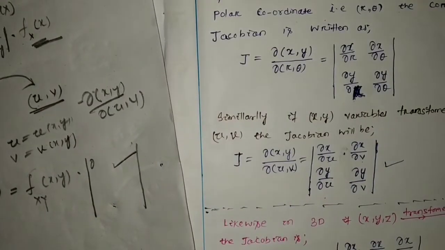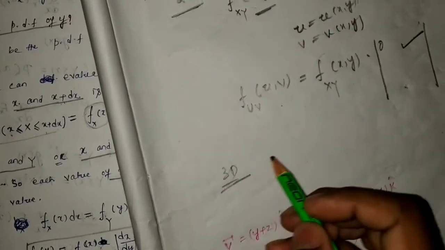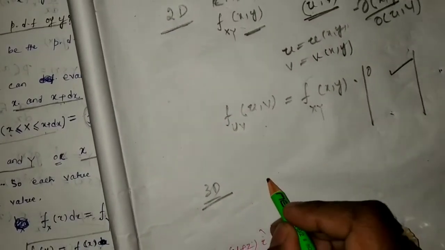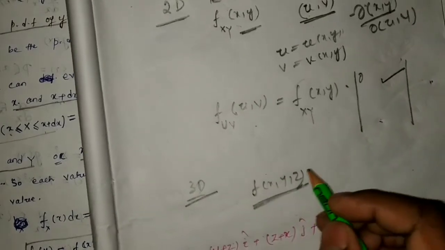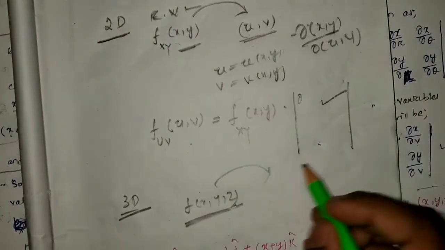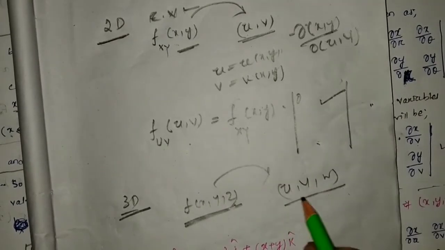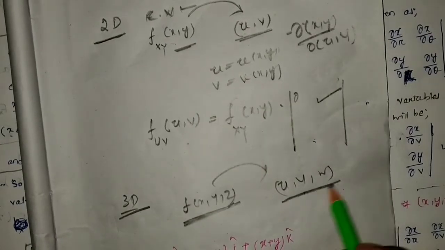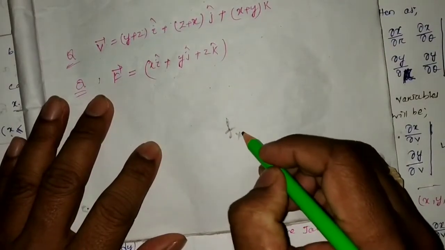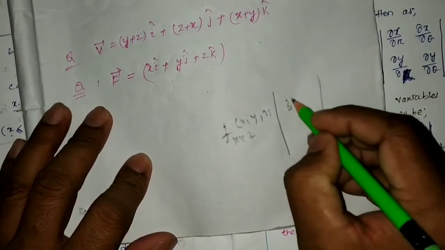Likewise, for the three-dimensional case, suppose we have three random variables and its joint density function is your xyz, and it is transformed to another three variables like this, uvw, and the corresponding density function for uvw will be the density function of xyz into the three-dimensional Jacobian.